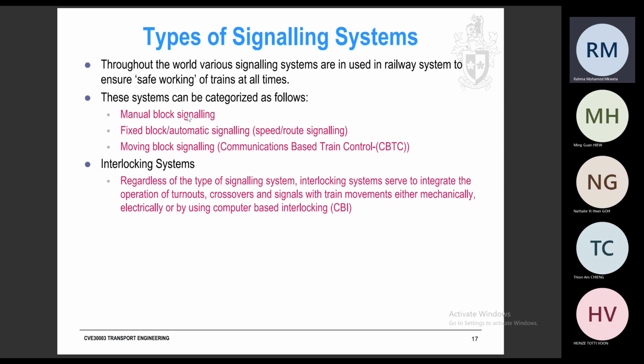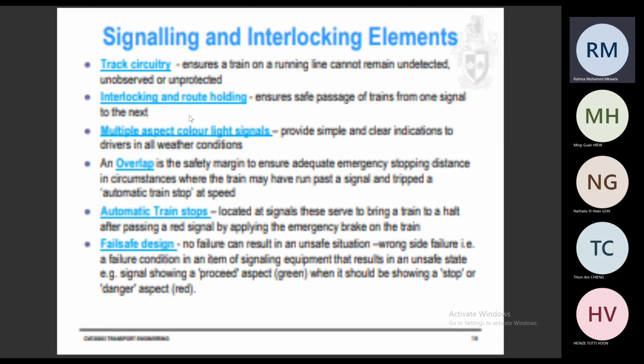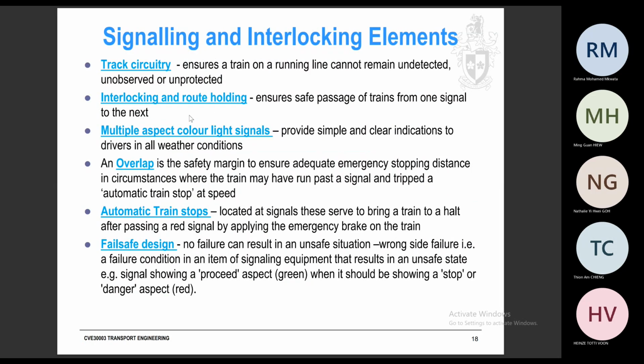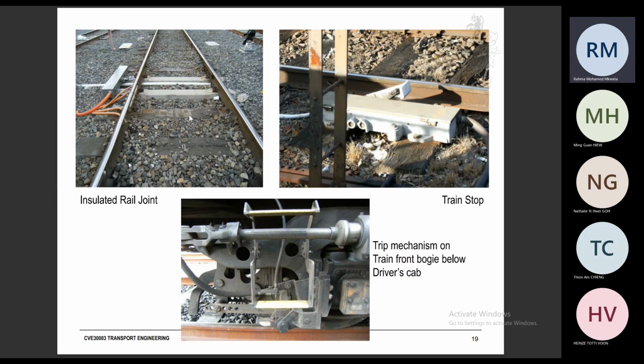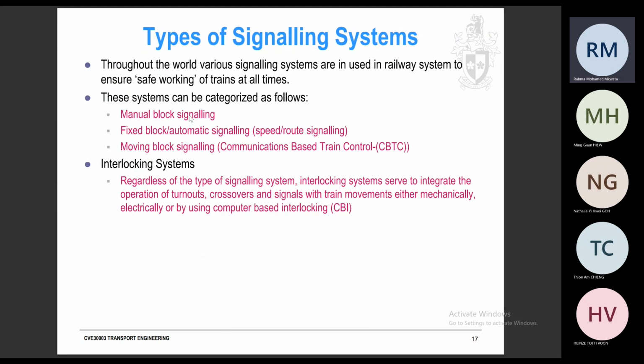Okay, but for the manual block, the manual block is manually done, but for fixed block, the signals are fixed at certain locations. Let's say you want to control the train within a certain headway, then you want to use fixed block signaling.